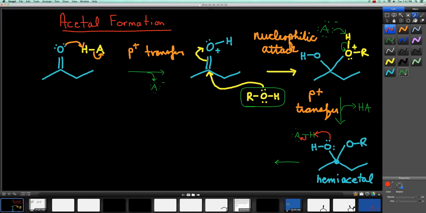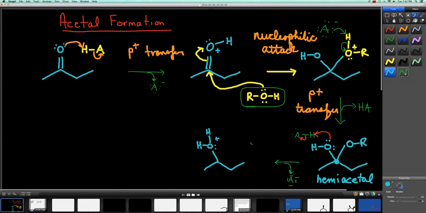Of course, the conjugate base is now a byproduct of this reaction. And I now have a protonated alcohol. Still a hemiacetal, but if you look at this in terms of what's about to happen, we're about to condense this molecule by eliminating a molecule of water.